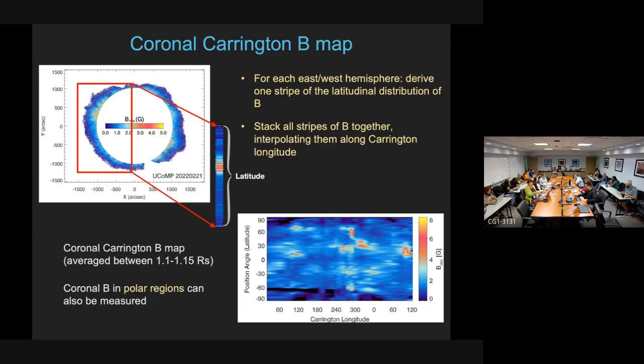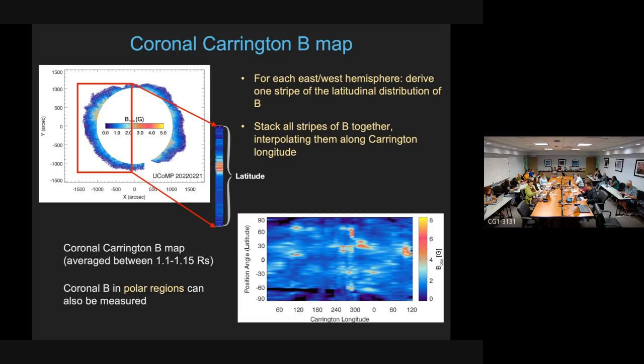And we can also get some coronal magnetic field maps similar to what we did for photospheric magnetograms. So we chose the east and the west hemisphere of each coronal magnetic field map, and we stack. We get one strip of these.